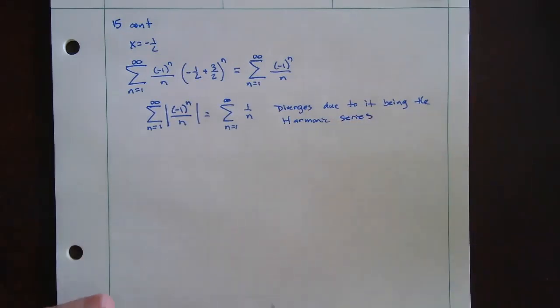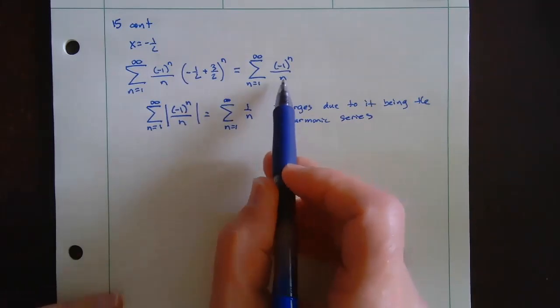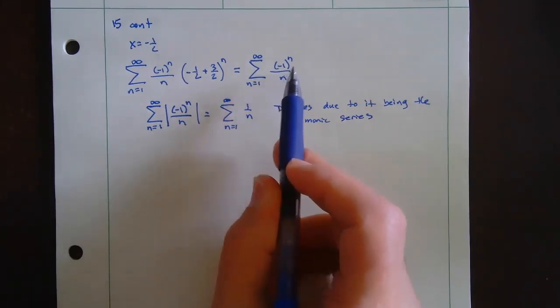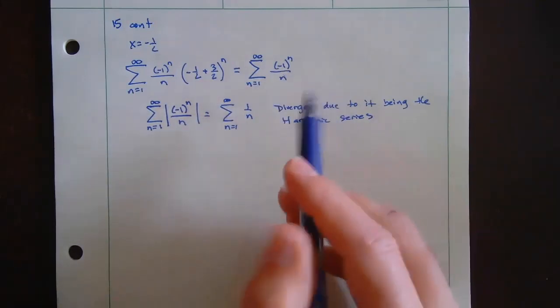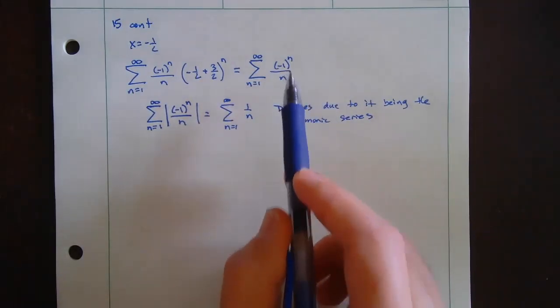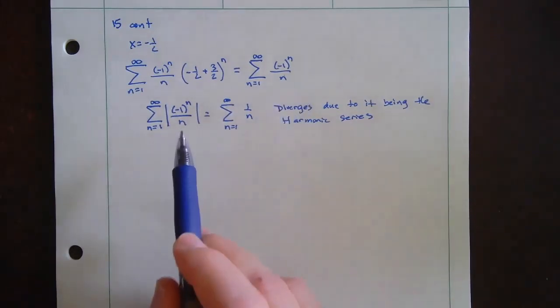Now, what is this one though? This is the alternating harmonic series, and we should know that because we've done this enough, that the alternating harmonic series actually converges. So it doesn't absolutely converge.